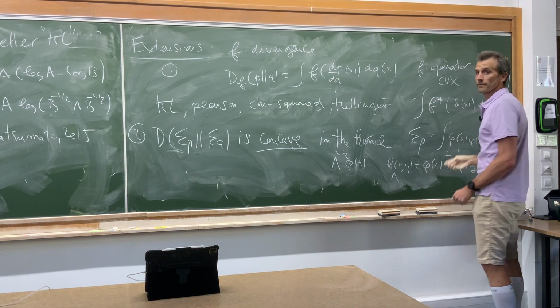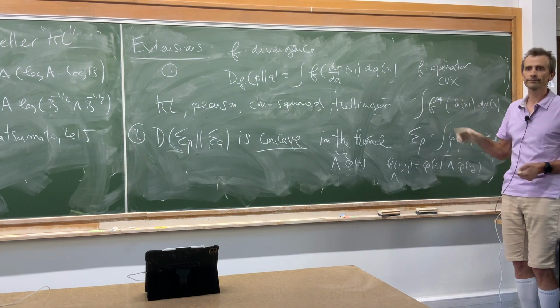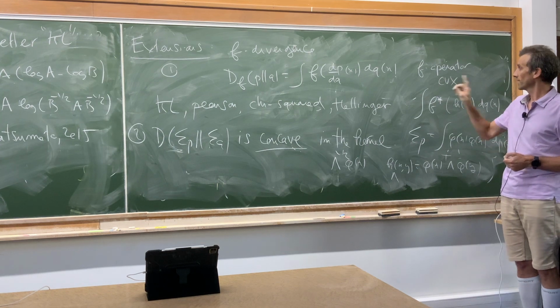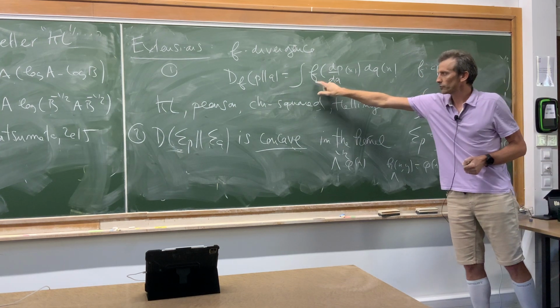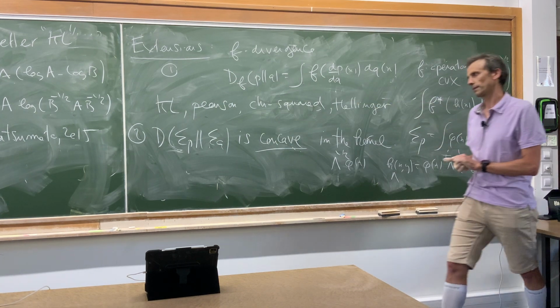For the entropy, f is u log u and f star is exponential, so everything works out fine.